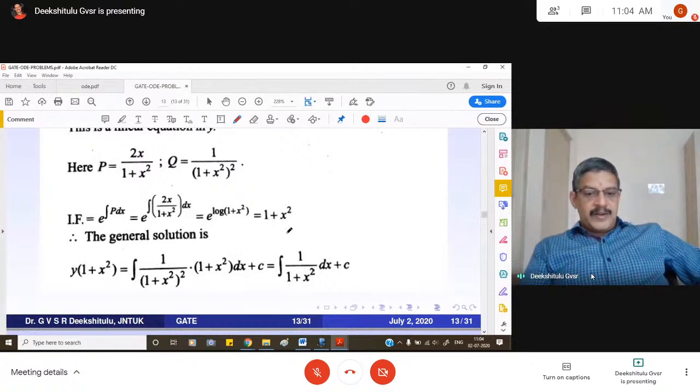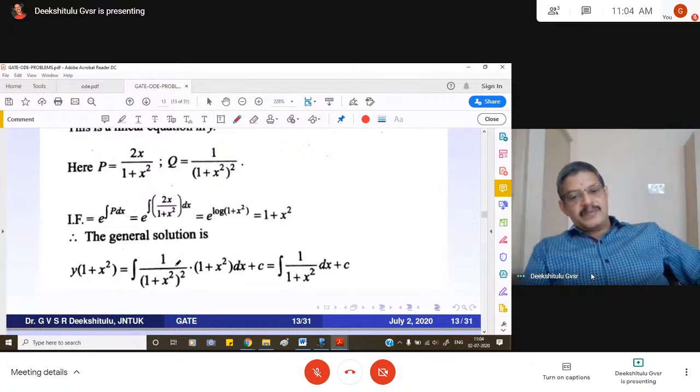So y into integrating factor is y into 1 plus x square, equal to integral of 1 by 1 plus x square whole square into the integrating factor 1 plus x square dx.